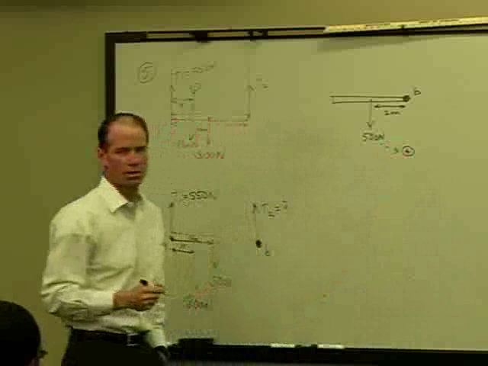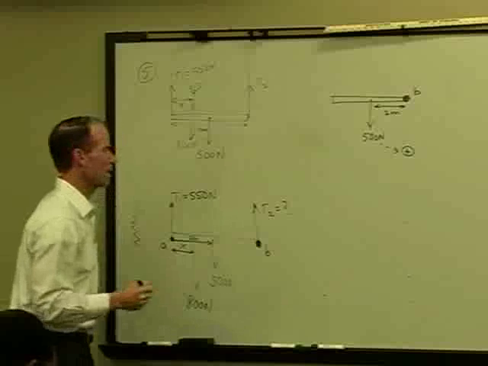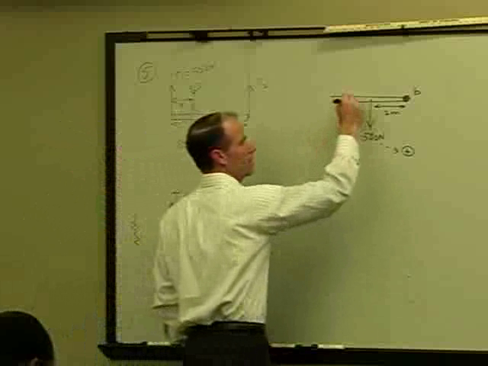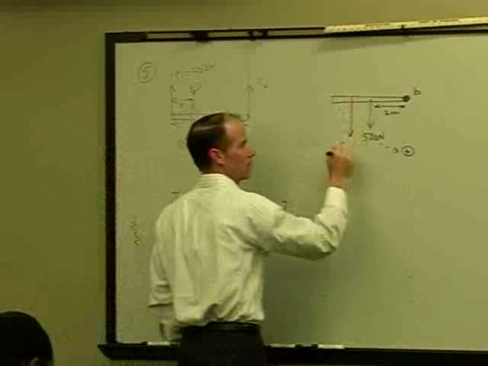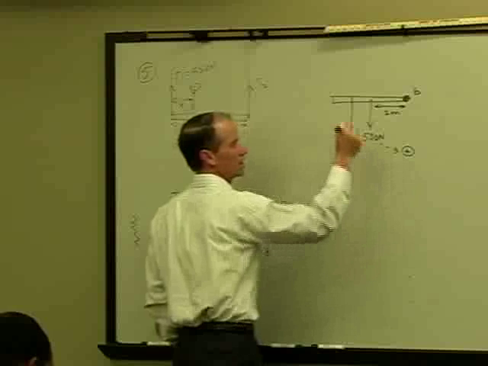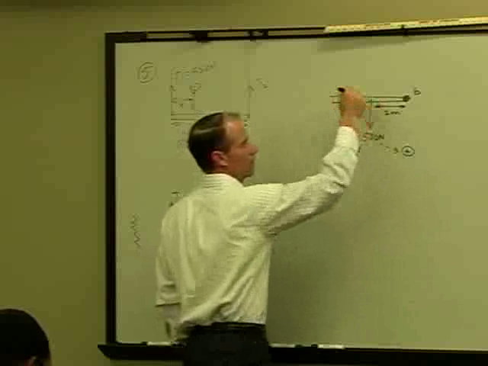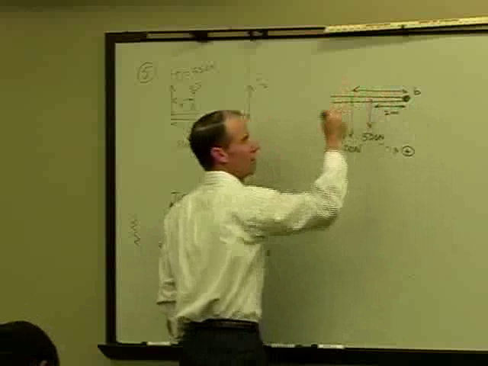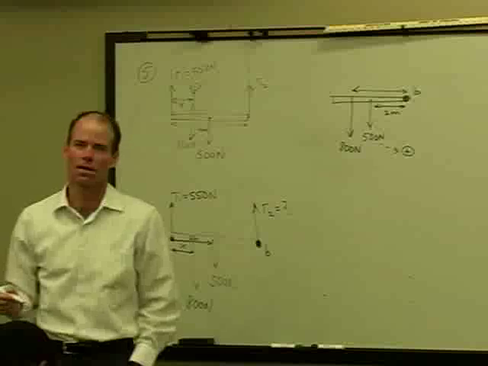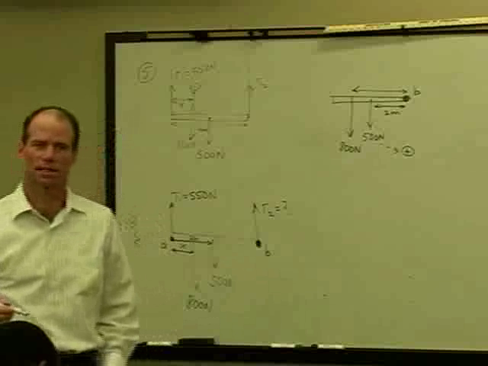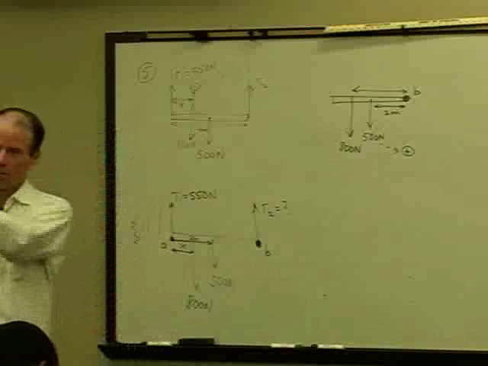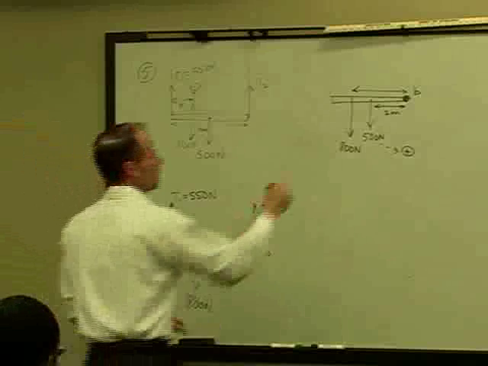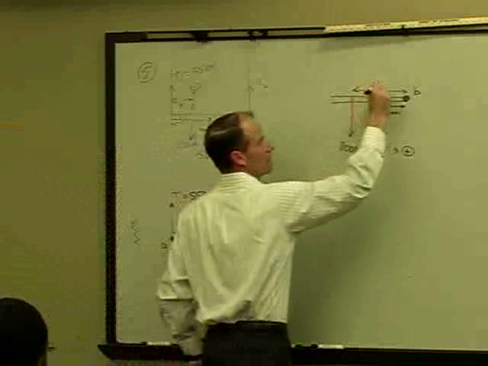I've got the worker, which is 800 newtons. The moment arm for that 800 newtons is what? 4 minus x. So we take the whole 4 minus the x, and that'll be 4 minus x.